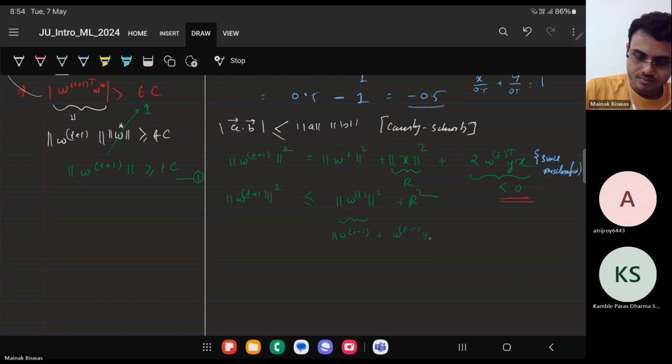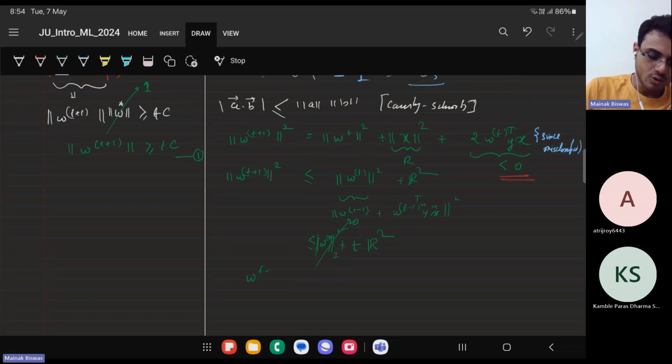Acha, yes. It will be less than or equal to W0 norm, which is 0. So t times r square plus W0 norm, right? This is equal to 0.